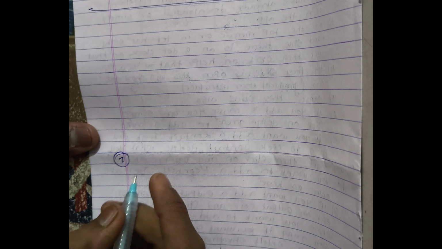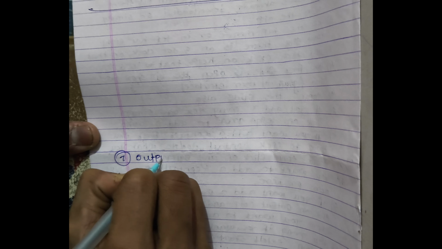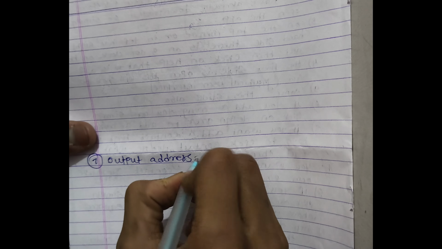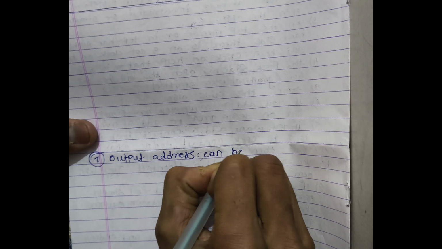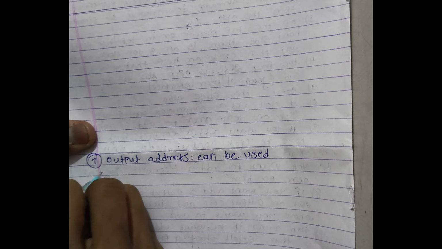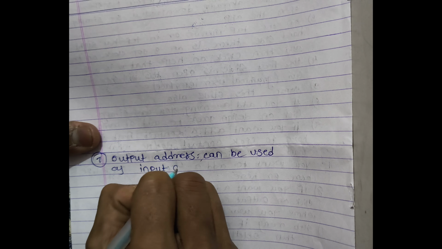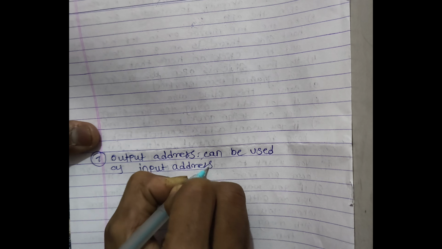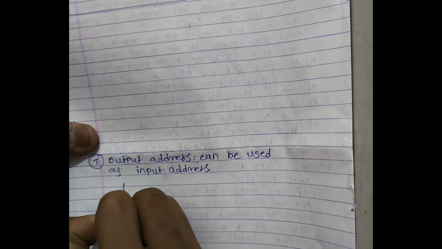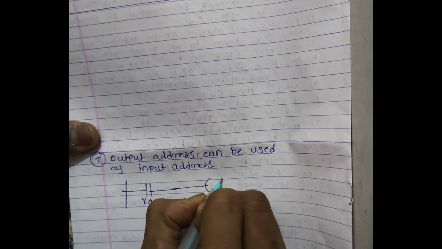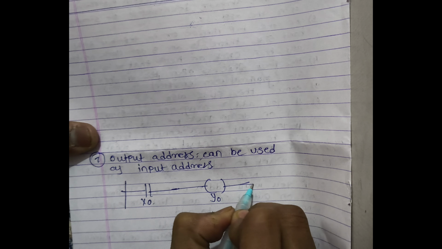In the previous rule we saw that an input address cannot be used as an output address, but in the next rule, an output address can be used as an input address. How? You can see here, first I have x0, then here we connected one y0 or q0.